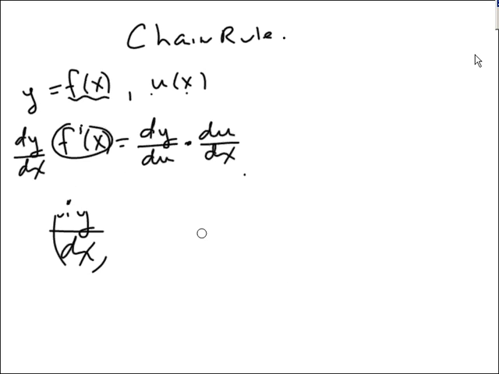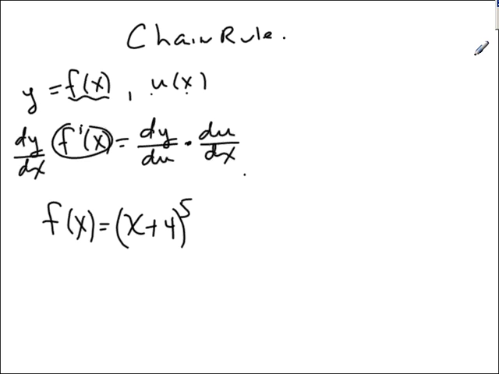It's probably actually complicated, but the general power rule will get you out of doing this, unless your teacher says, find the derivative using the chain rule. So, I tell you that f of x is equal to x plus 4 to the 5th power.